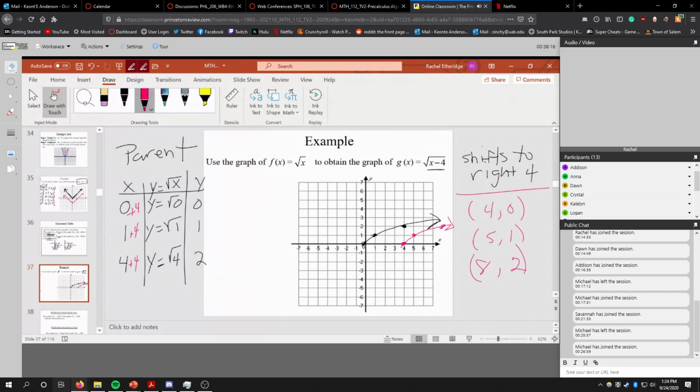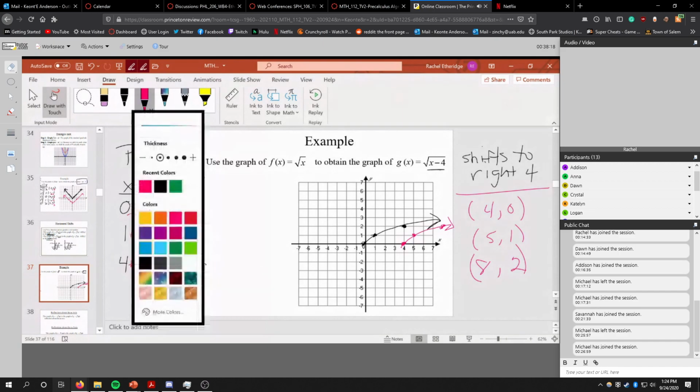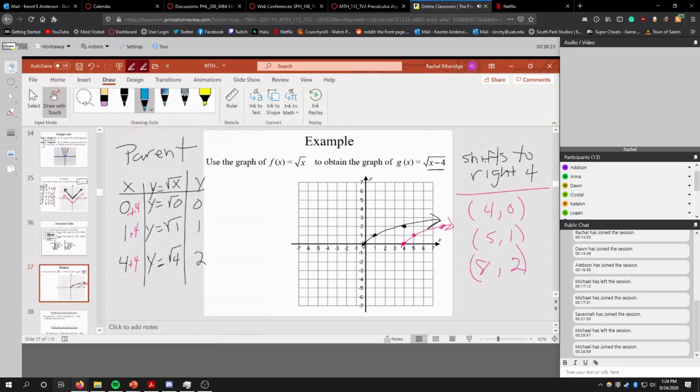Now in a different color, what if this had looked like y or g of x? Let me call it h of x since I'm going to change it. What if I had h of x equals the square root of x minus 4?